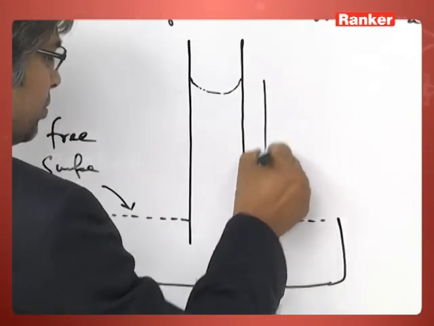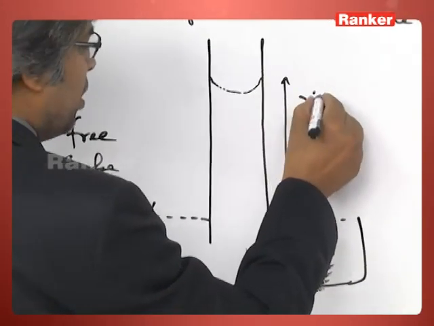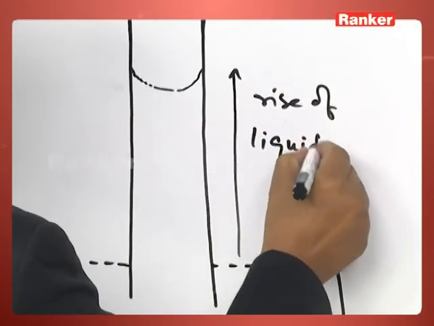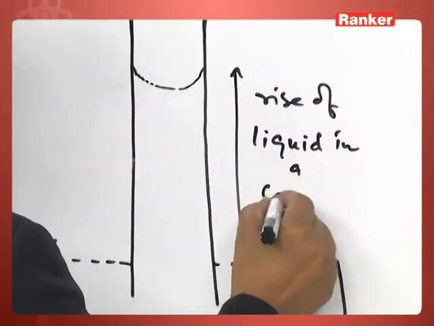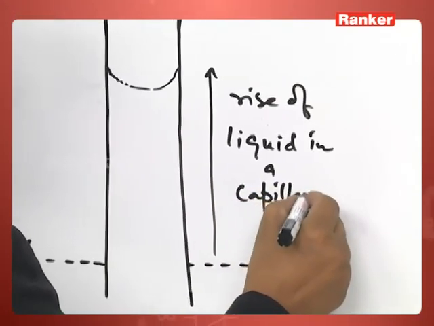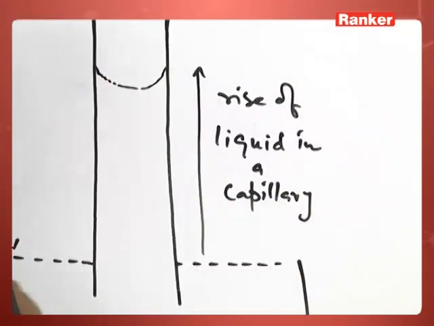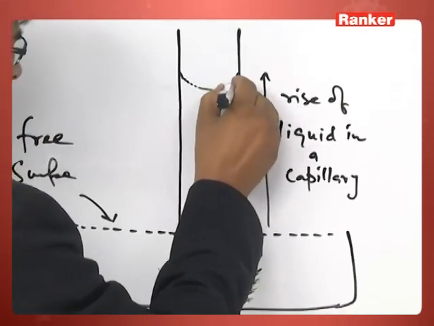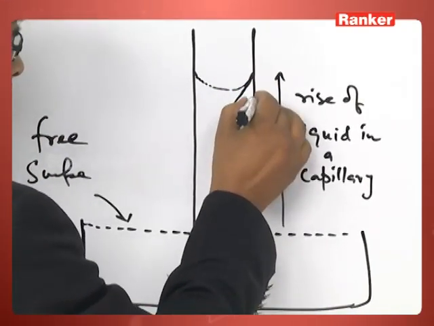So, you see, this is the rise of liquid in a capillary. Here the tangent to this meniscus makes an angle theta with the solid.